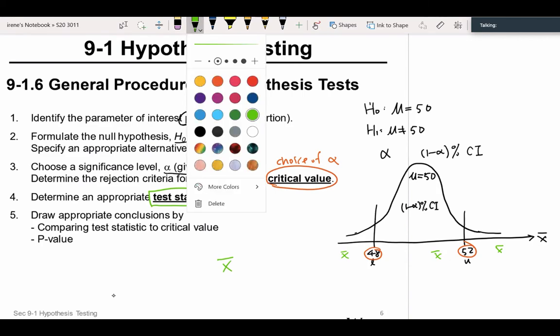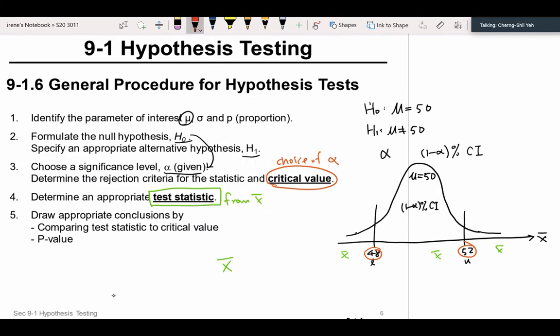Okay, so what is my rejection criteria? If my X bar is located outside this confidence interval, beyond those two points, that is my rejection area, because we are going to reject my null hypothesis and conclude H1 if my sample average is outside the confidence interval.